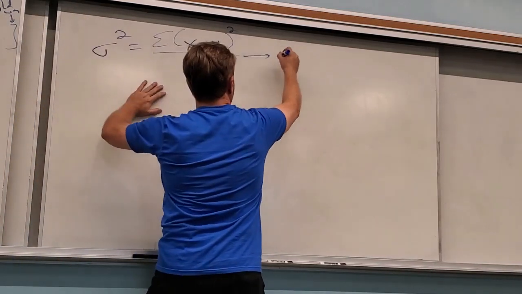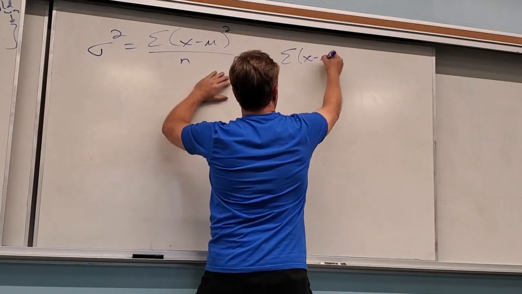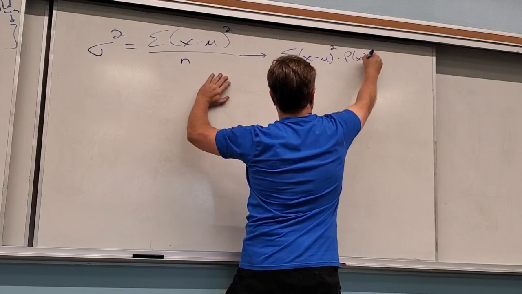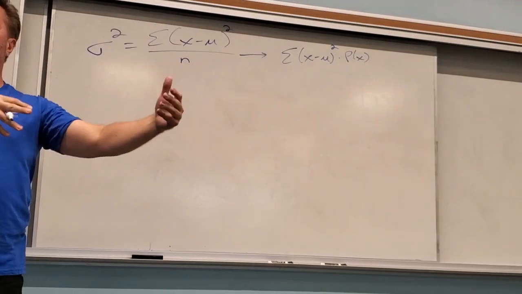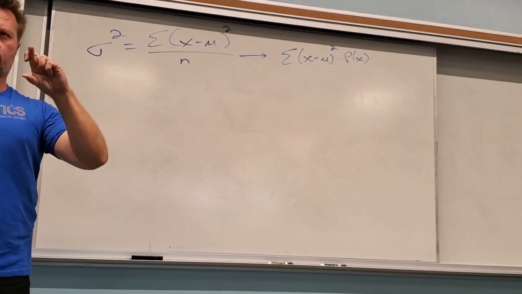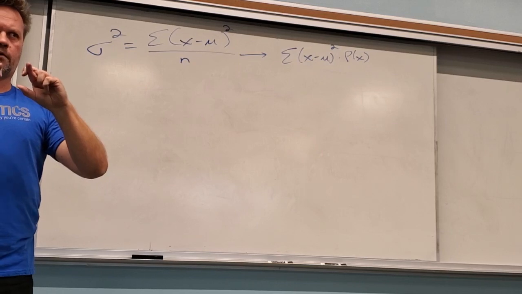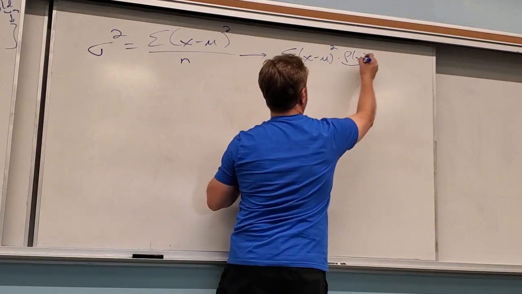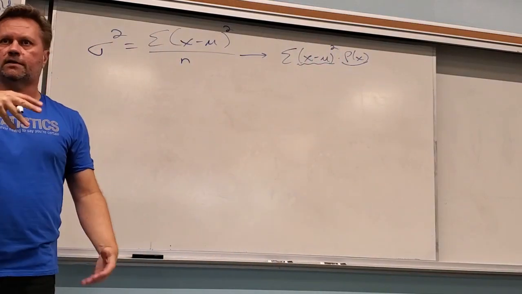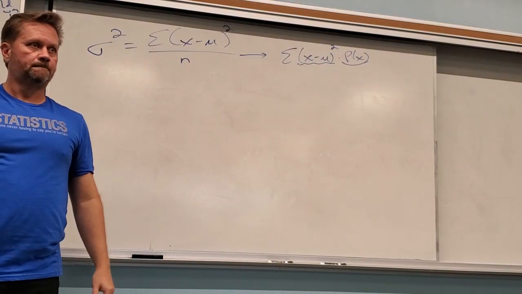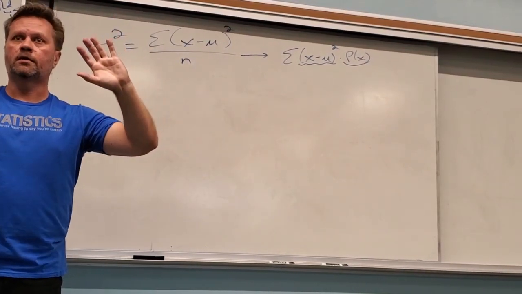So this is going to become the sum of x minus mu squared times p of x, just like the mean becomes the sum of x times p of x. You guys see the symmetry there? If I multiply each one by the weight and add them all up, that will be the same thing as the standard deviation. That'll be the variance, sorry. The over n is built into the p the same way, right?